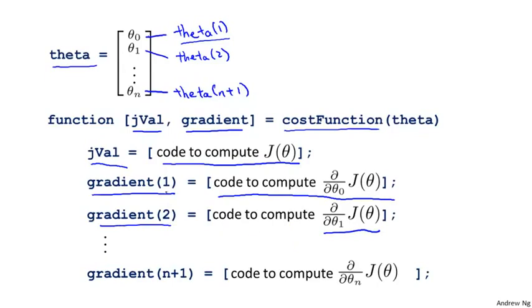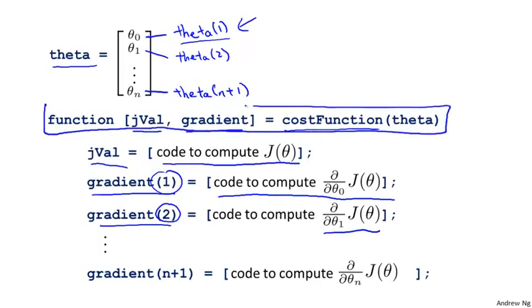And once again, this is gradient 1, gradient 2, and so on, rather than gradient 0, gradient 1, because Octave indexes its vectors starting from 1 rather than from 0. But the main concept I hope you take away from this slide is that what you need to do is write a function that returns the cost function and returns the gradient.